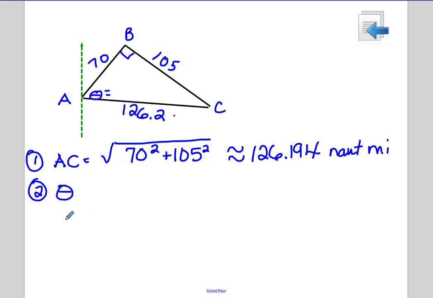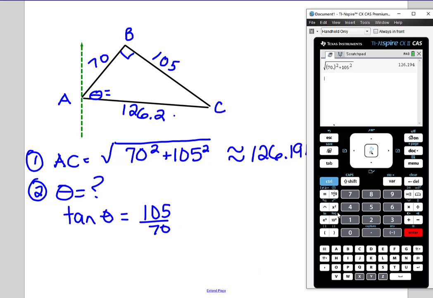So the tangent of theta, we want to know what theta is. The tangent of theta is opposite to adjacent. So calculate that. Tangent inverse is opposite divided by adjacent.